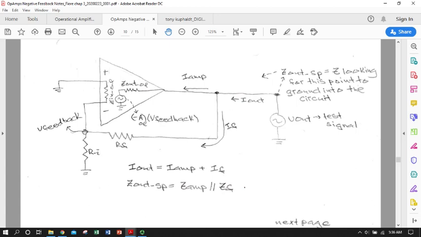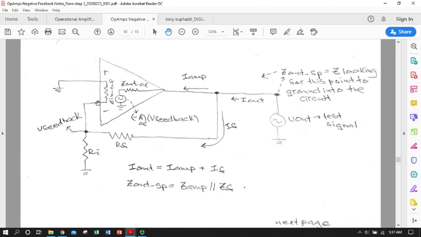So if we look at this point over here, the voltage at this point relative to ground is V feedback, because we've got a current flowing through the feedback resistor. So the voltage drop over our Z open loop resistor that we looked at in our last lecture really is just V feedback, because we go to ground here.